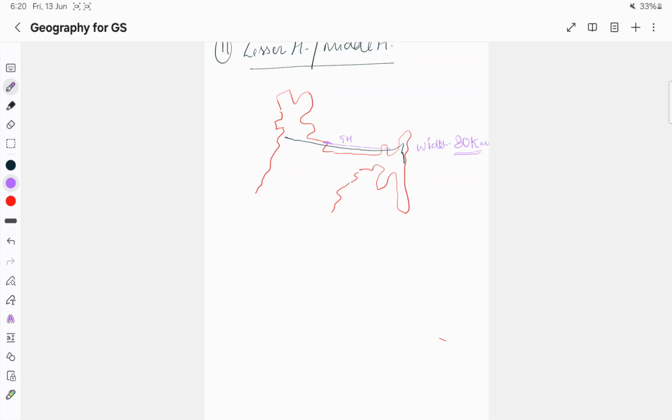Because of the impact of collision, the peninsular plateau's northernmost part got squeezed down. Those sediments squeezed themselves, and the size reduced. That is only 25, 28 or so kilometers of width.